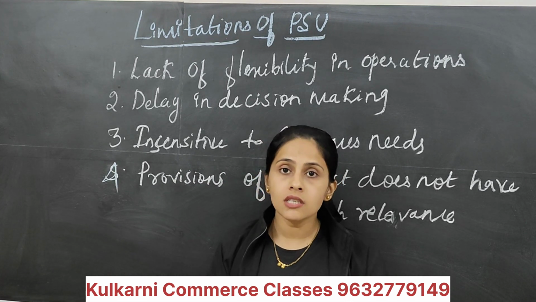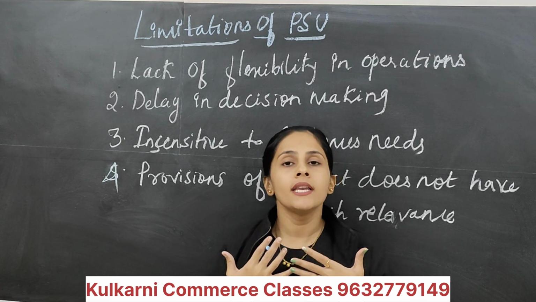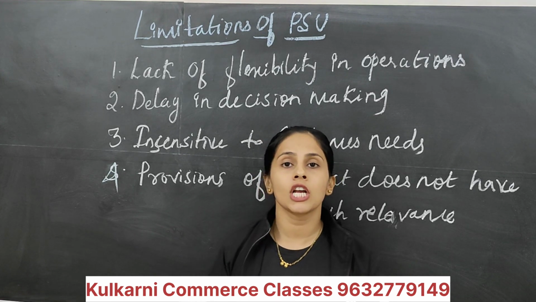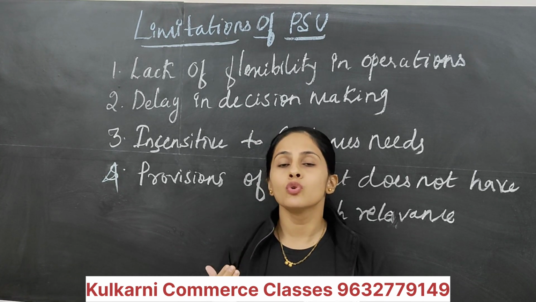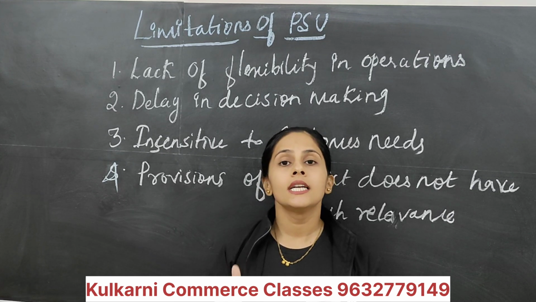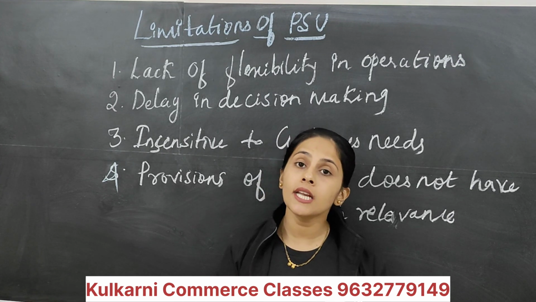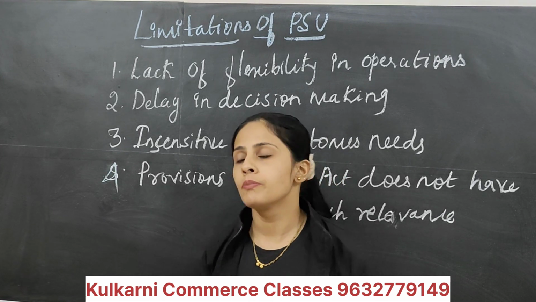Ministers are there, then government approval, government subsidies. Many rules and regulations are involved here. Because of the number of rules and regulations, there is a delay in decision making, and it impacts the efficiency and profitability of the company.